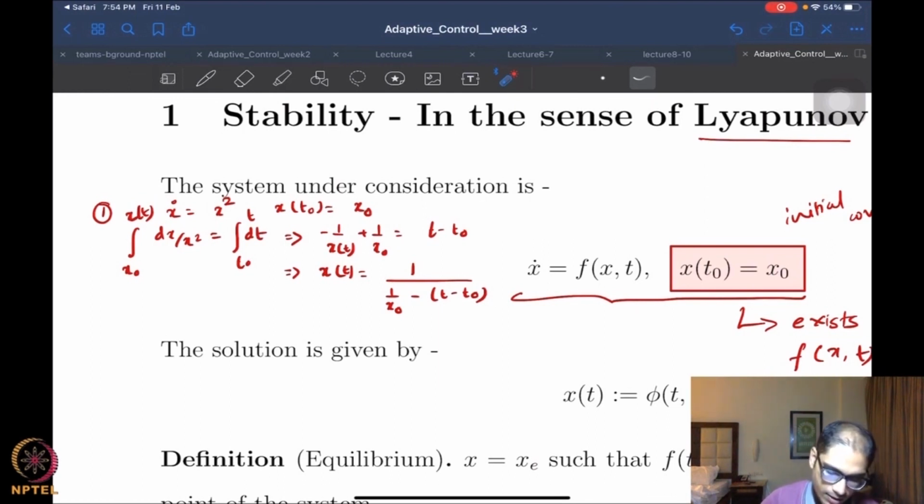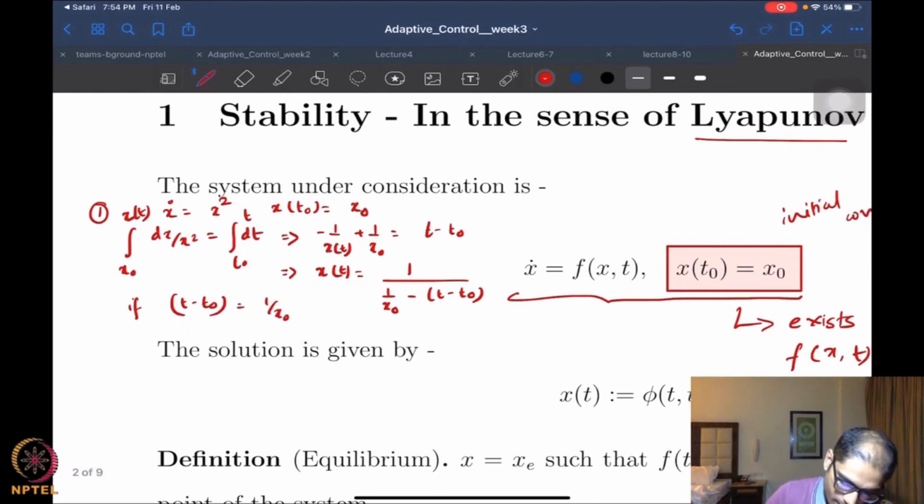Look at this, what happens to this system? Let's try to understand. If t minus t0 is equal to 1 by x0, x of t blows up.